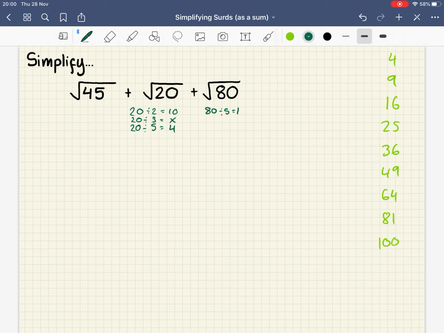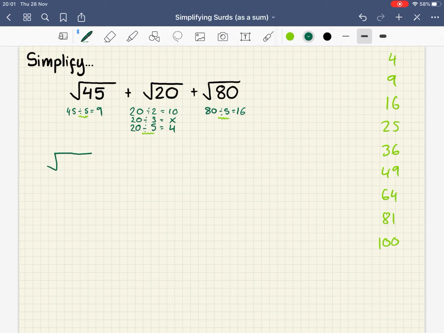80 divided by 5 is going to give me 16. 45 divided by 5 is giving me 9. And pay attention to the fact that I am dividing it all by the exact same number. The moment I know one works, I check only then with the others.